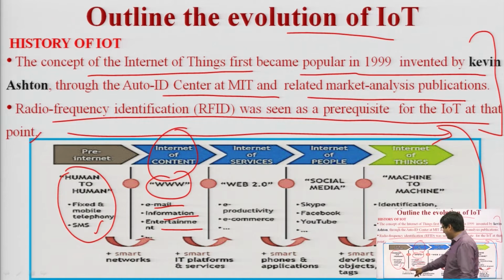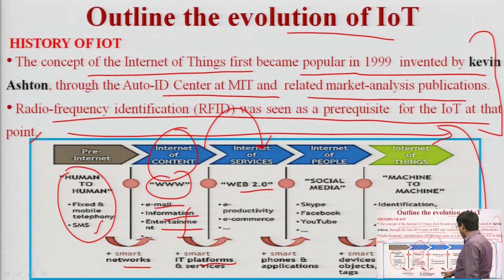Here the smart networks are added, that means human-to-human data interaction, and we are adding the smart networks here. After that, the internet of services we use for e-commerce applications, e-productivity, Web 2.0. We are adding the smart networks plus IT platforms here.